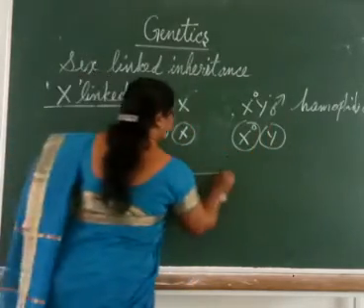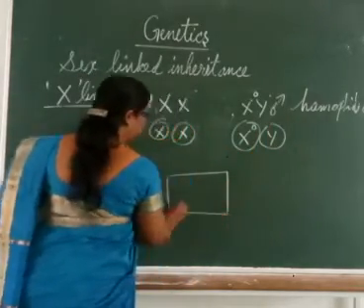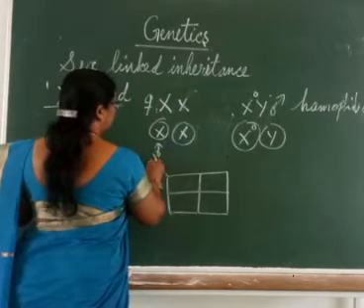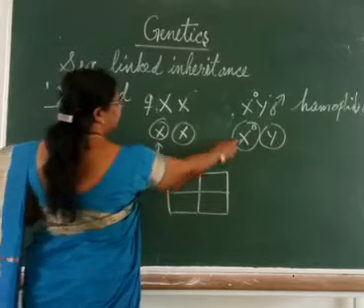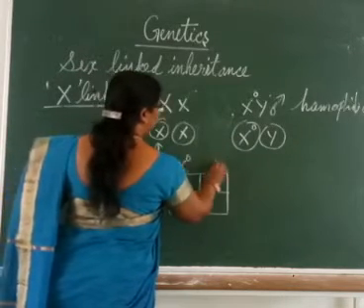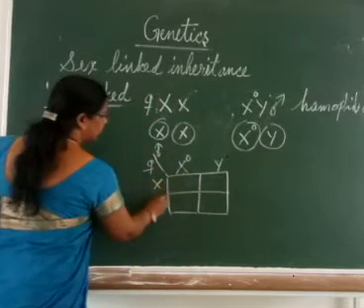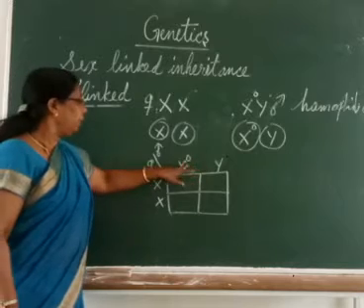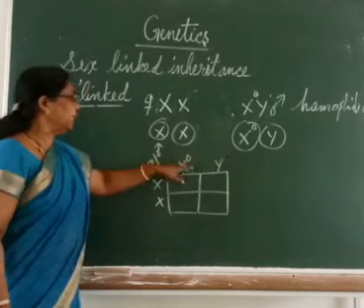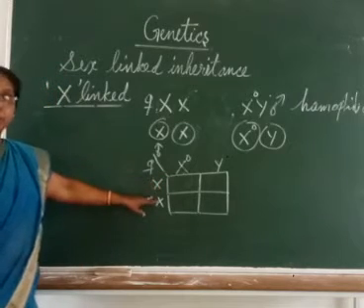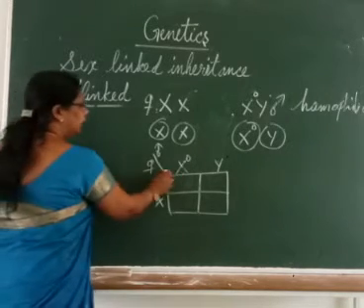So here you can see this is male, this is female. The male is X0Y, the female XX. So these are the male sperms, which may carry X0 and Y, whereas the female carries XX only.